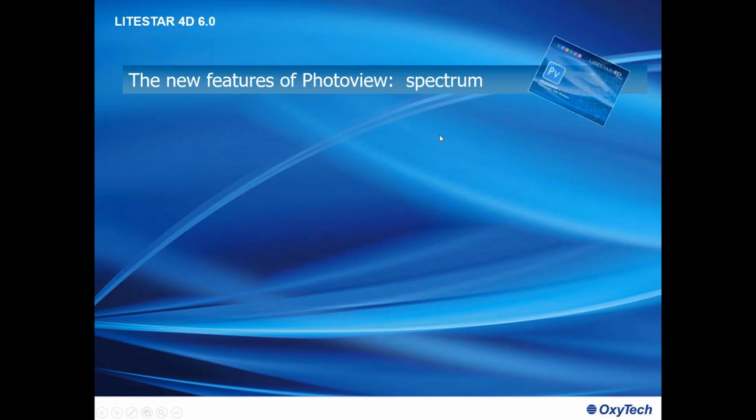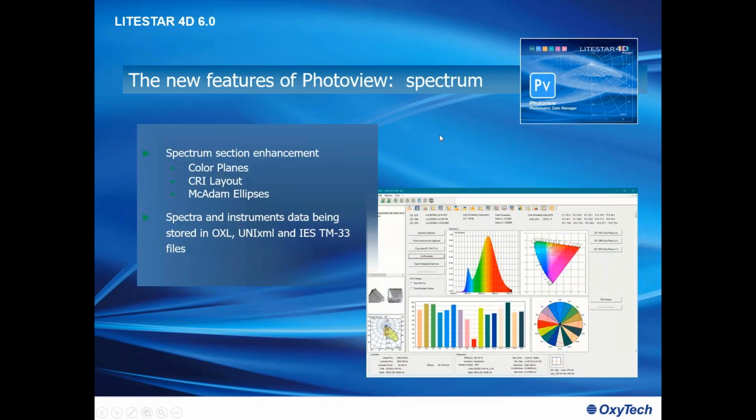Another main feature that we introduced was the spectrum section of PhotoView. Indeed, it was already possible to manage spectrum data even with the old version number 5, but it was not managed in such a deep way like we can manage a spectrum right now.